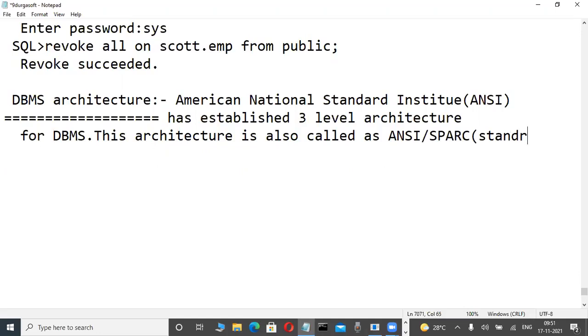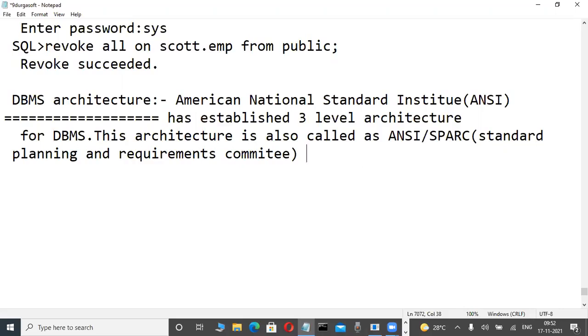Standard Planning and Requirements Committee.